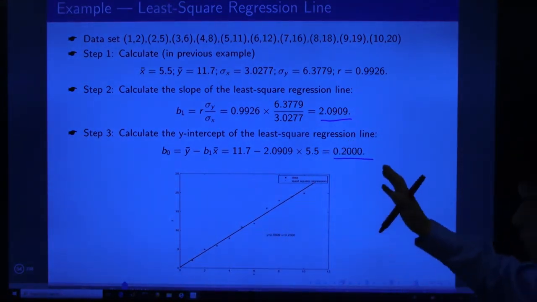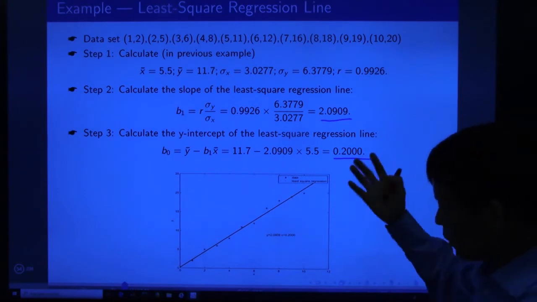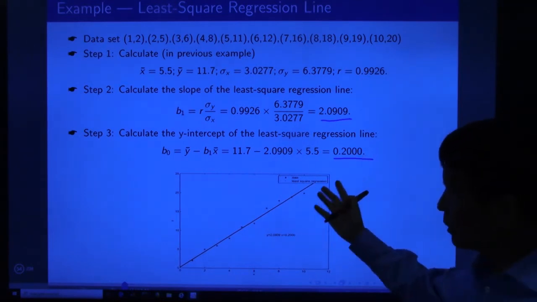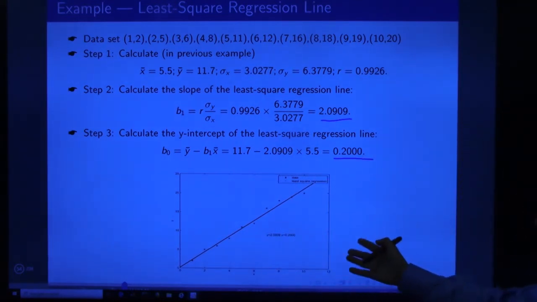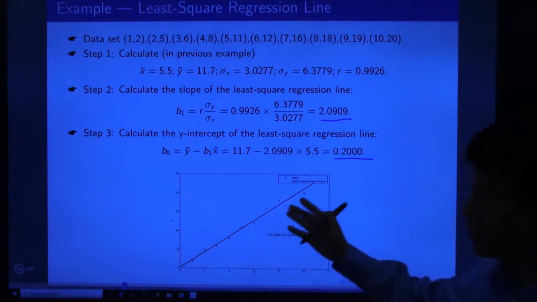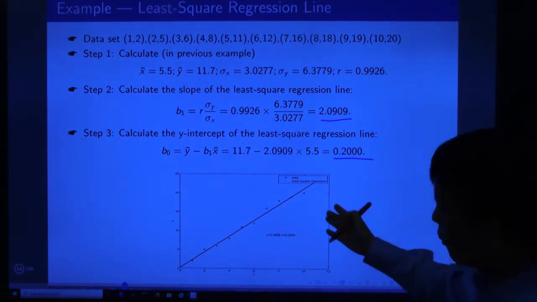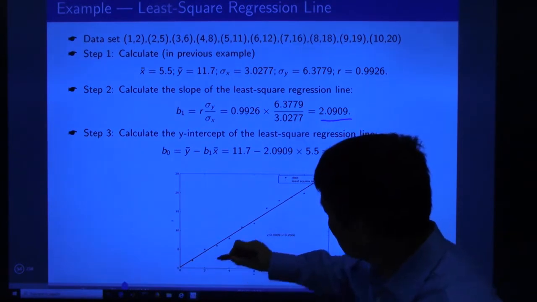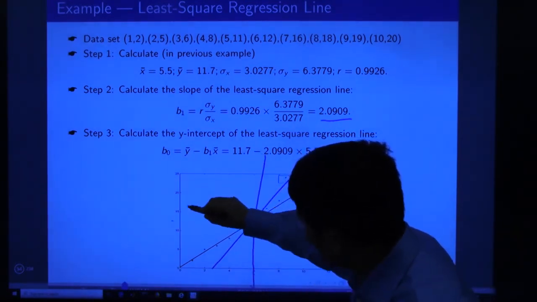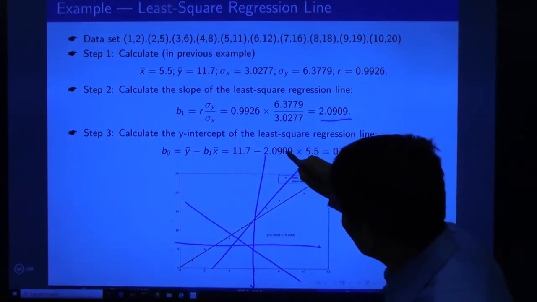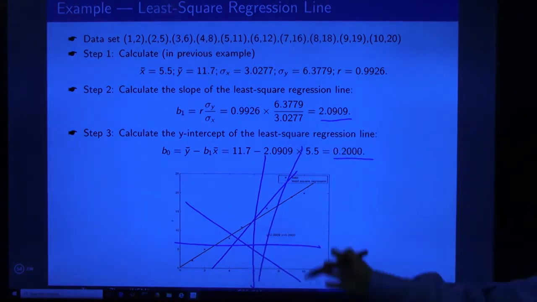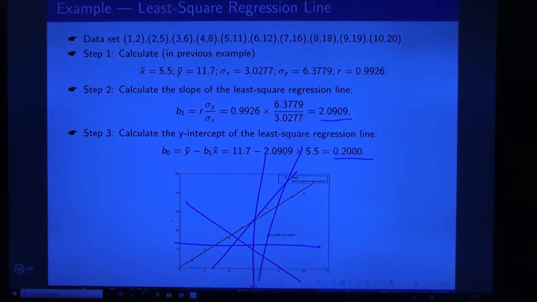We square all these residuals first, then add them up together, which gives us a sum. And this sum is the smallest among all straight lines. No matter how your straight line is, this red line is the smallest. So that's why it's called the best. It's the least squares regression line.